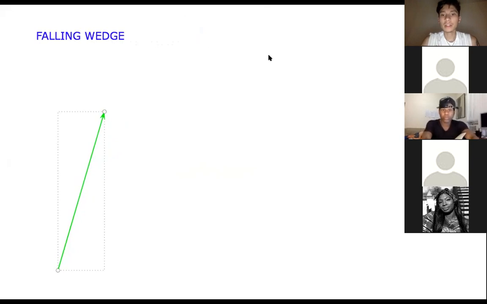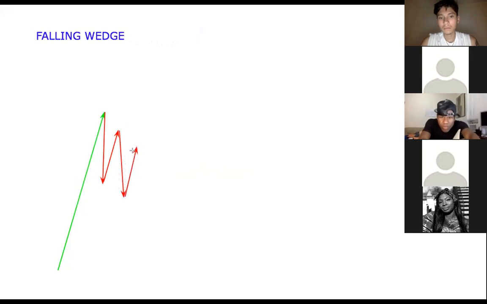So it'd be looking something like this. What you're going to notice is that the higher highs are forming a lot lower than the lower lows are, right? Something like this, and then you're going to see it shoot up.